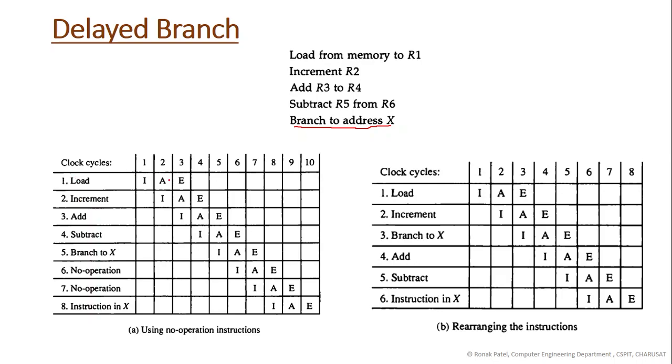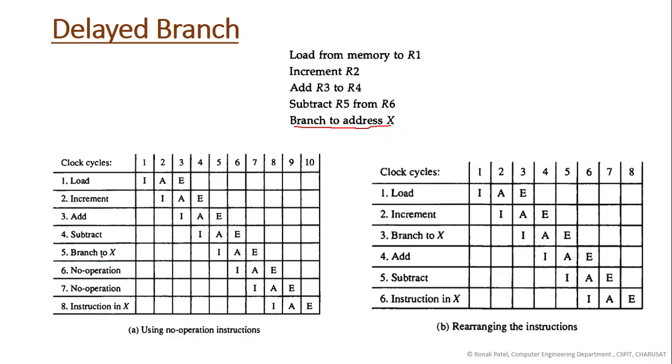First load, then increment, add, subtract, then branch to X. Then no operation, and then whatever instruction we have at X, that instruction will be executed, right?